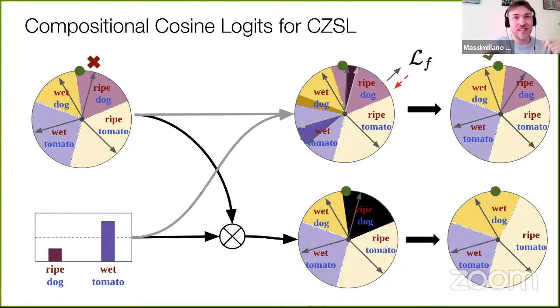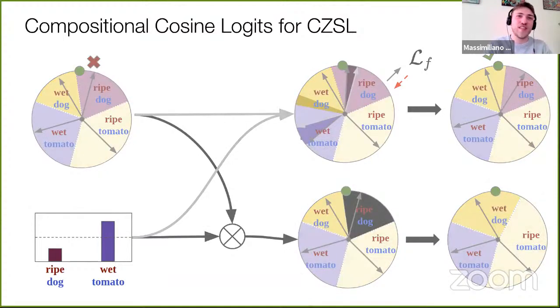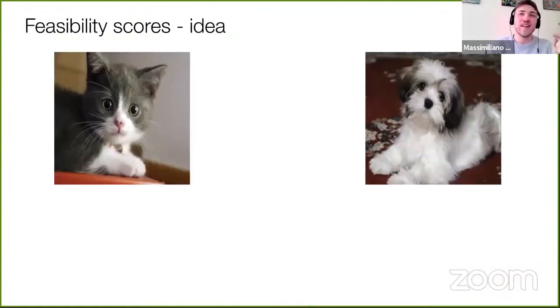So this is the idea. Now we can use these feasibility scores, assuming that they are bounded between -1 and 1. And now the question is, how do we obtain these feasibility scores? The idea is that if we have two objects in our dataset, in this case a cat and a dog, they are pretty similar, right?